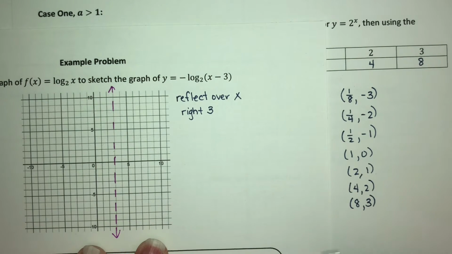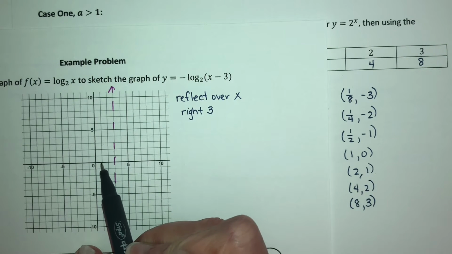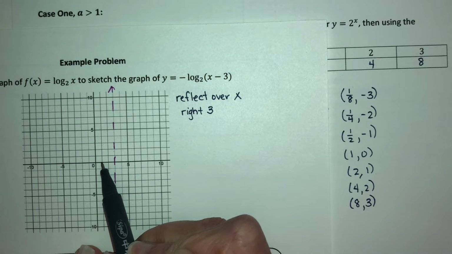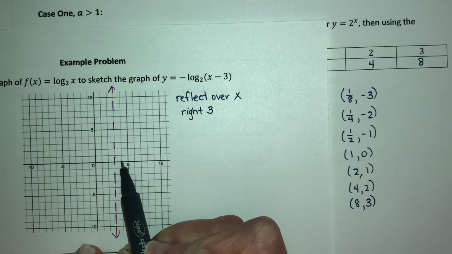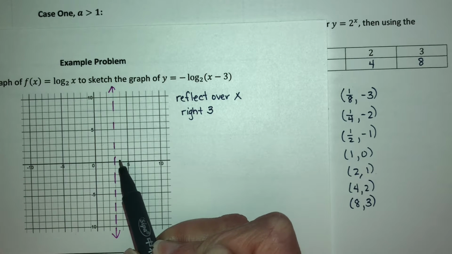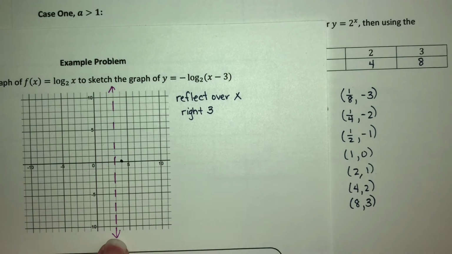If I had the point, I'm going to start with 1, 0. 1, 0 is right here. And I would flip, and I'm going to move it to the right 3. And then I would shift it over the x-axis, but there's nothing to shift. So that's right there.